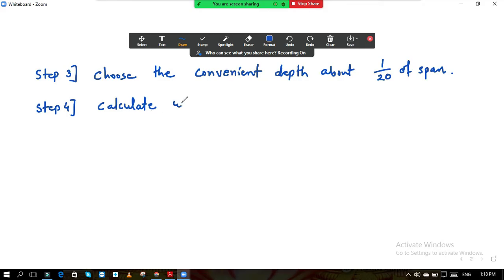Calculate width, that is B. Notation is B. From relation Z is equal to BD square by 6. Okay. Once you got the depth from step number 3, when you calculate the depth, then after that calculate the width by using the relation of section modulus.